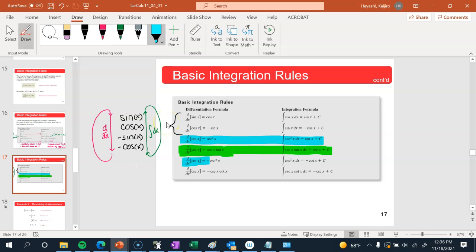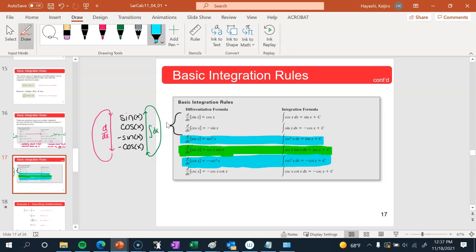If the derivative of cotangent is negative cosecant squared, then the integral of cosecant squared, that would have come from negative cotangent, just because you take the negative sign. If you can imagine taking the negative sign from here and moving it over here instead, just to get a positive cosecant squared, then this would be negative cotangent.